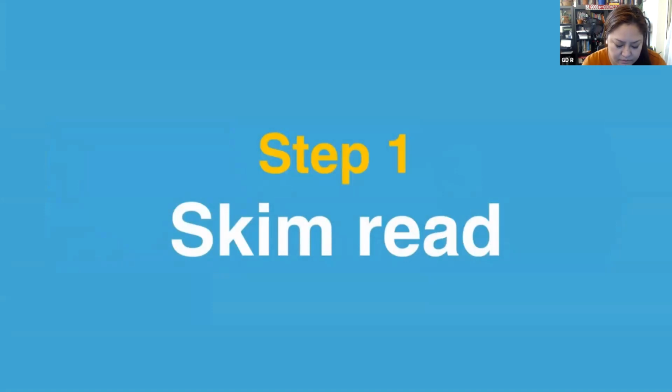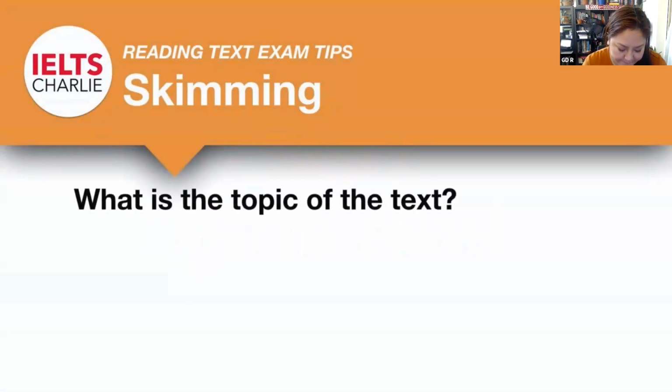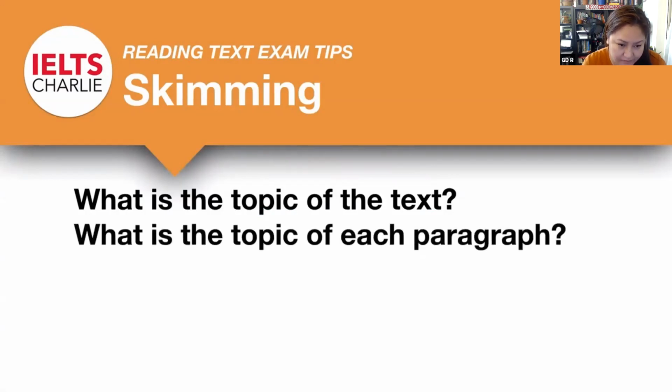So step 1 is skim read. Now, skim reading is not fast reading or speed reading. It's a very deliberate, very specific strategy. When you skim read, your task is to find out, first of all, what is the topic of the text, so what is the text about? And secondly, what is the topic of each paragraph?